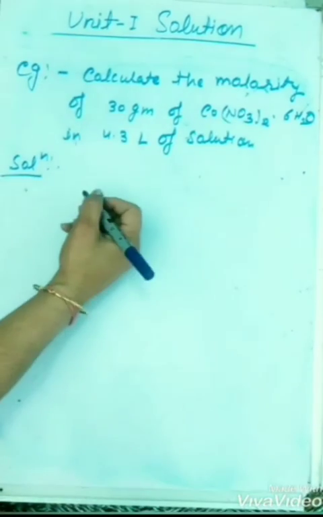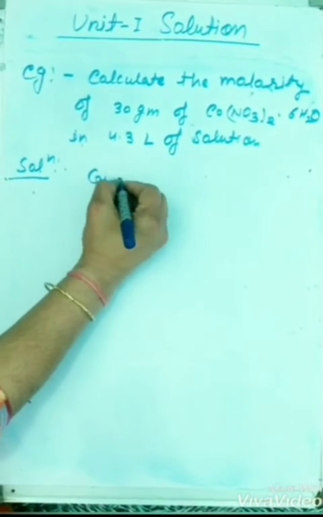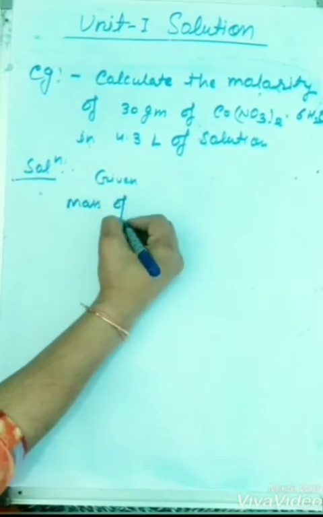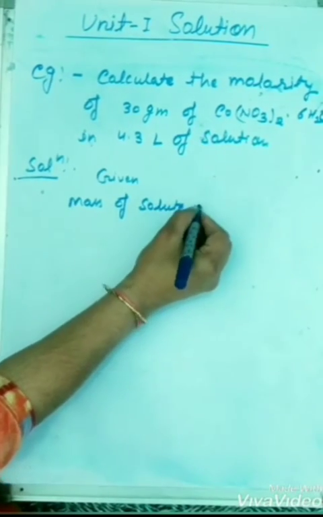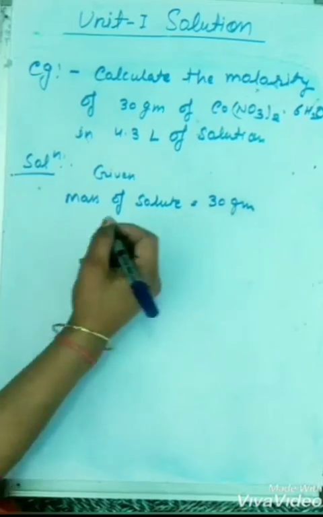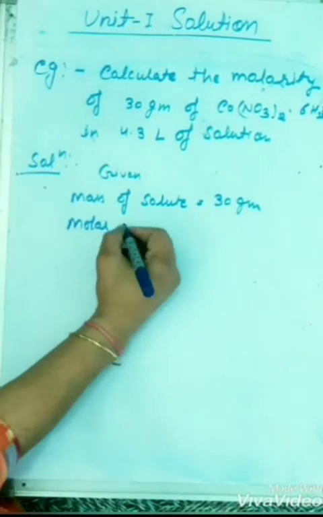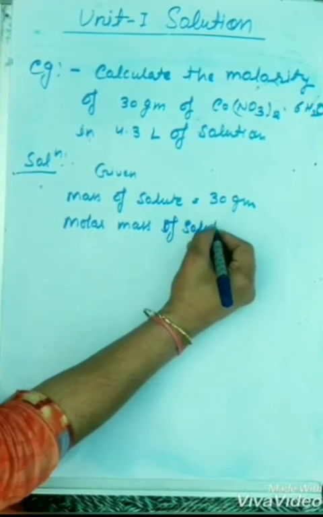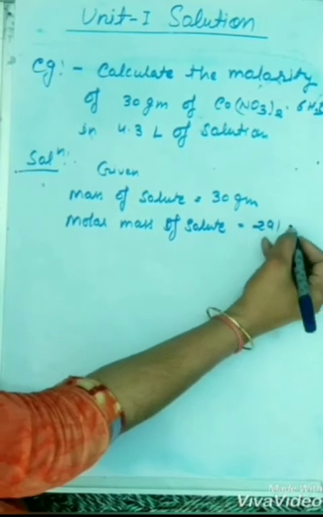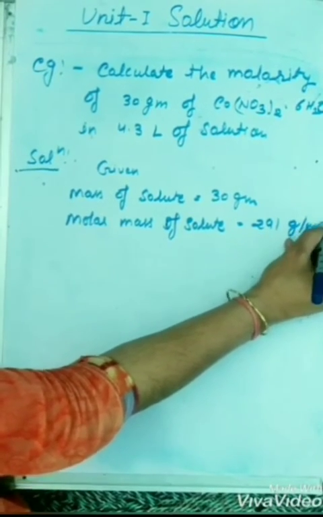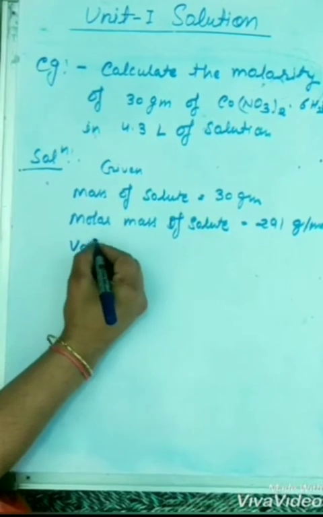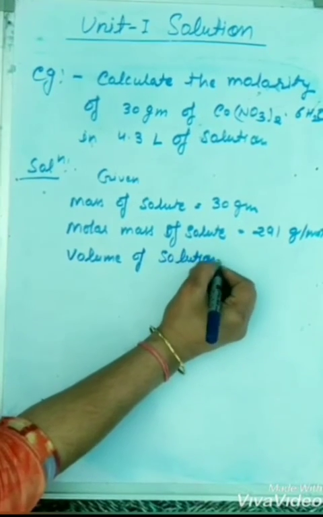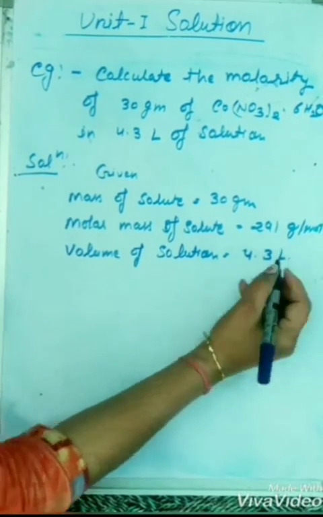In this question, the given part is mass of solute is equal to 30 gram, molar mass of solute (291 gram per mole) and volume of solution, that is 4.3 liter.